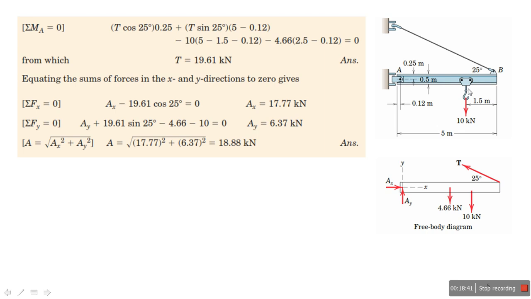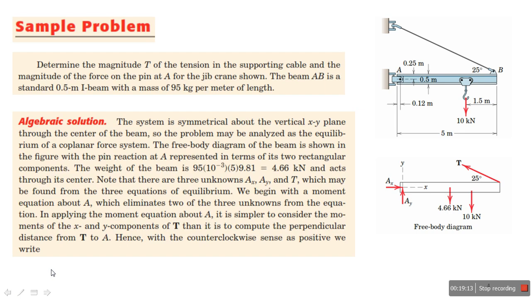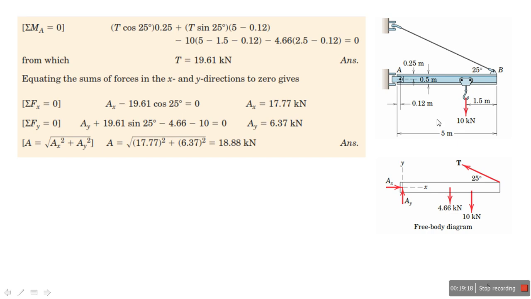So the distance from A to B is equal to 5 minus this distance. Minus 10, because this force is downward and makes a moment clockwise. 10 multiplied by 5 minus 1.5, the length 5 minus that distance. Now I also have the weight, so the weight multiplied by the distance.